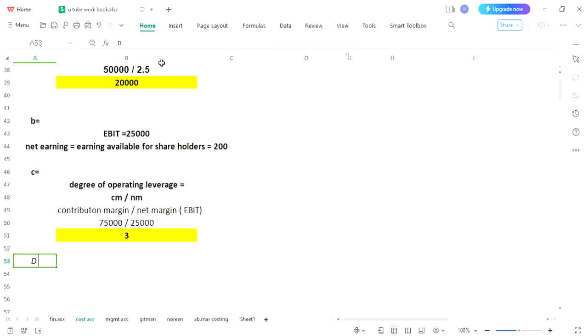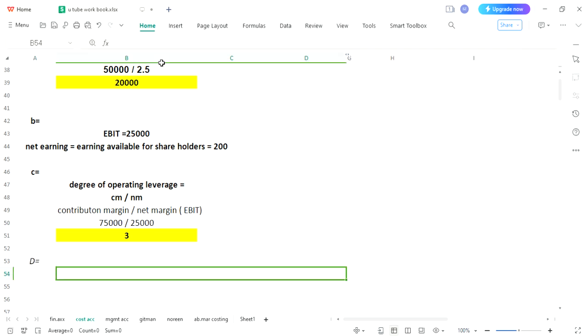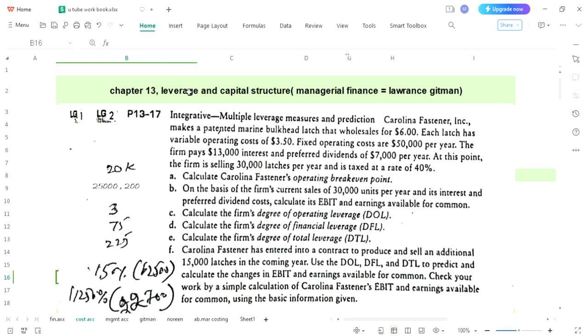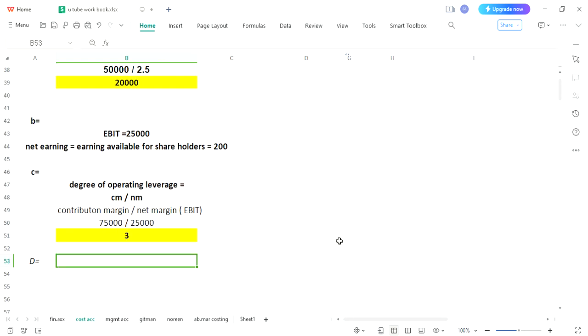Now point D. Point D is asking to calculate the degree of financial leverage. So let's calculate the degree of financial leverage.